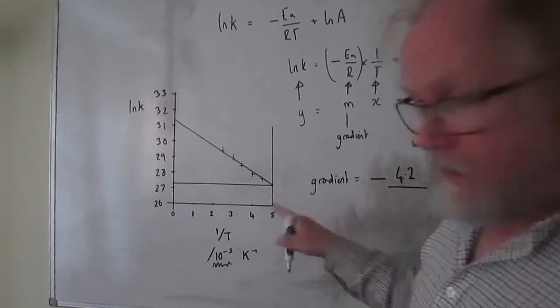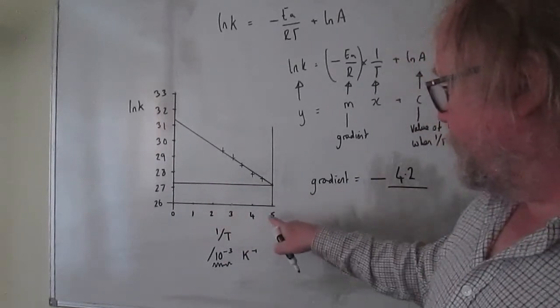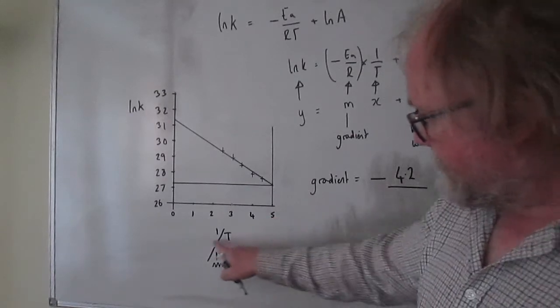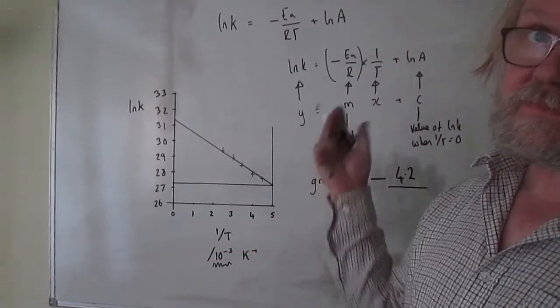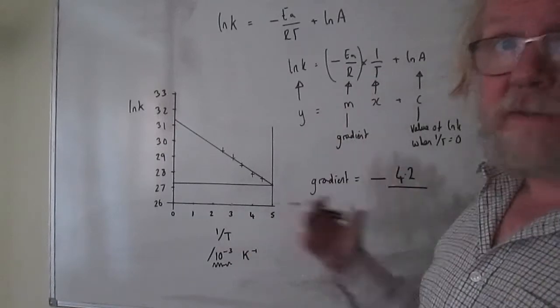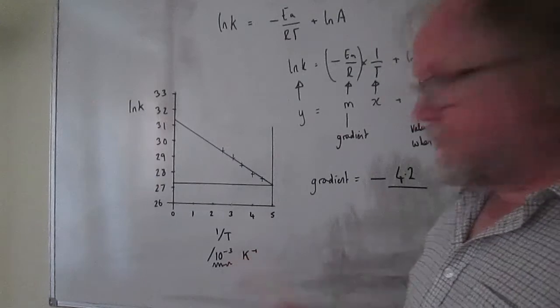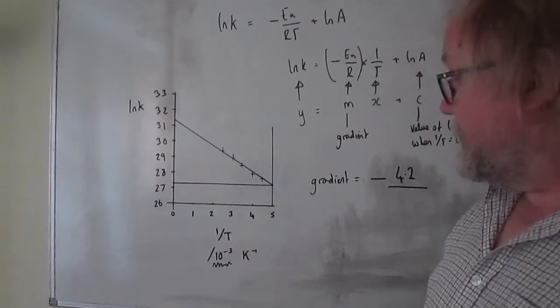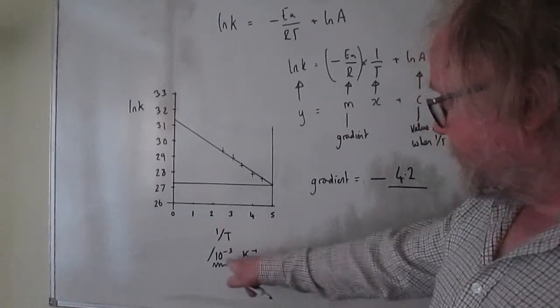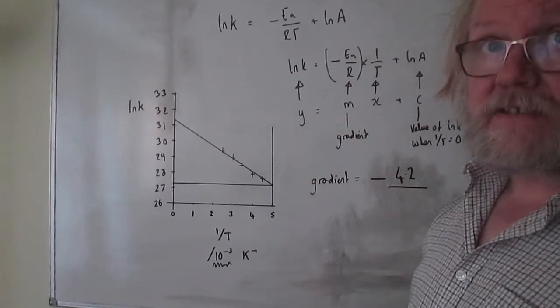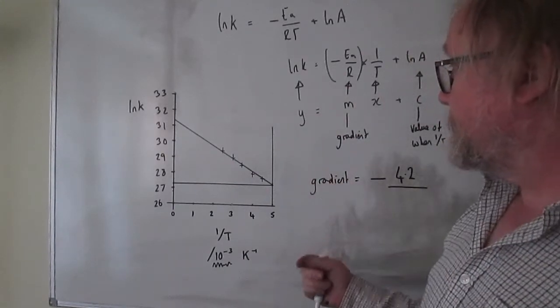Now here you've got to be careful, because if you're rushing you might just think, oh, it's 5, but you've got to check every time you have a graph or a table of data. You've always got to check to see whether numbers have been divided by some power of 10. And here you can see these numbers have been divided by 10 to the minus 3. So we've got to multiply by 10 to the minus 3 to get the original numbers back again.